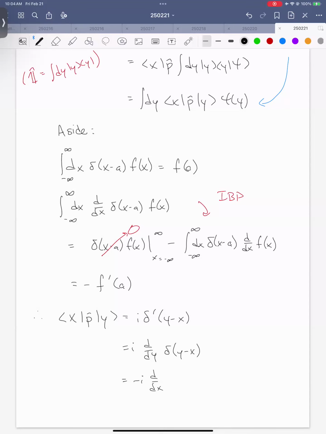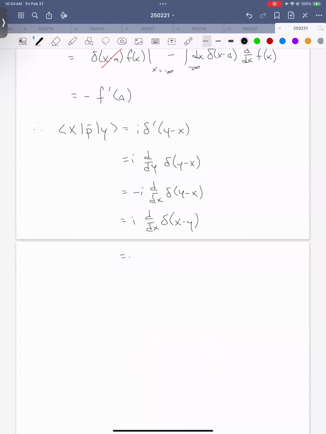Let's not look at my notes because my notes are making minus mistakes. So I've got i derivative of the Dirac delta function y minus x. So it's i d by dy of delta y minus x. So it's minus i d by dx delta y minus x, which is plus d by dx delta x minus y, which is equal to minus i d by dy delta x minus y. These are all equivalent.